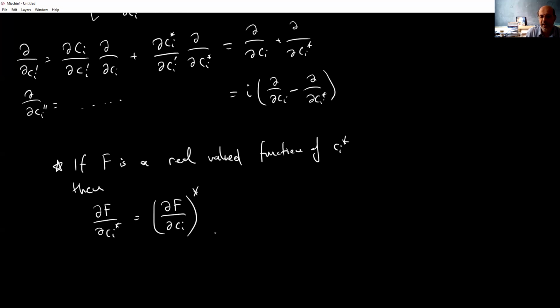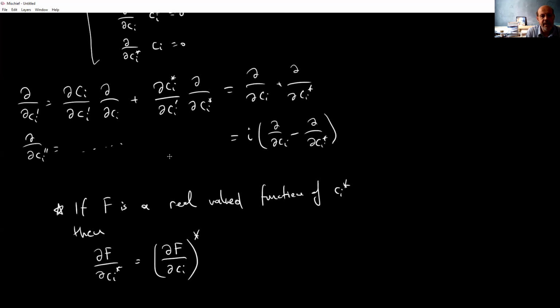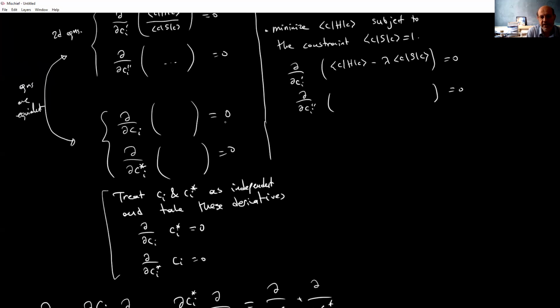Which means, in this situation, if this is equal to 0, then it automatically implies that the other one is also equal to 0. So as a result, you only need to look at one derivative. Okay. So this is kind of easier. You just need to take a derivative with respect to this complex parameter. You don't have to look at the other derivative.